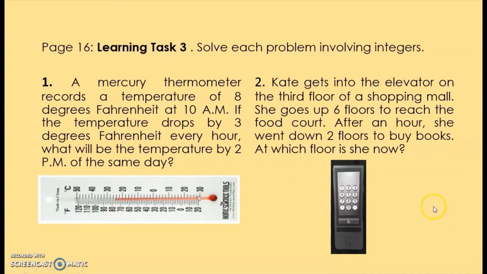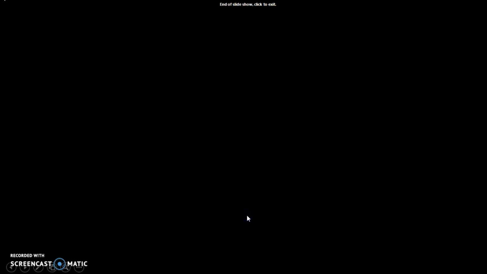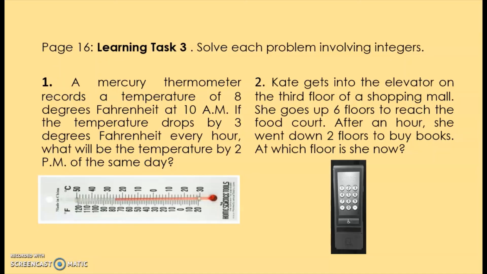And in learning task 3, you're asked to solve each problem involving integers. It's just the same as the concepts we've used and studied. Only there were materials given here, one for the mercury thermometer.